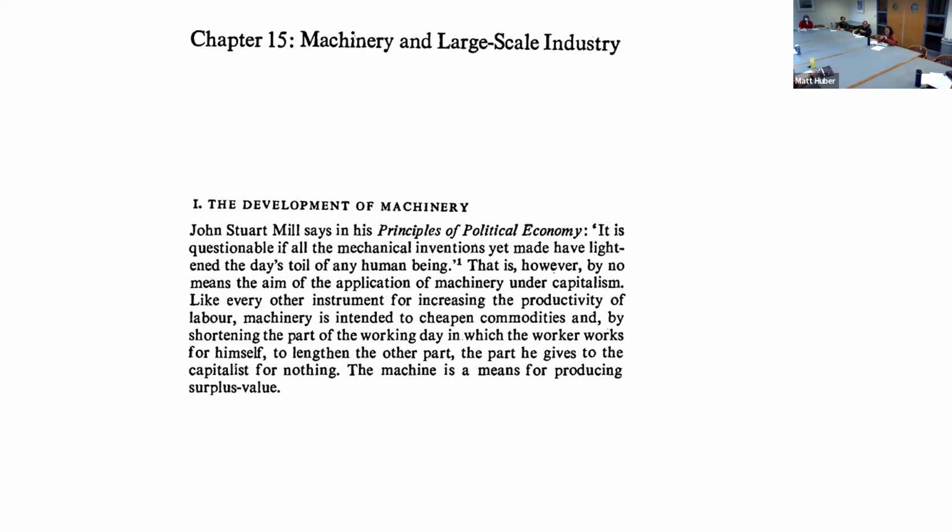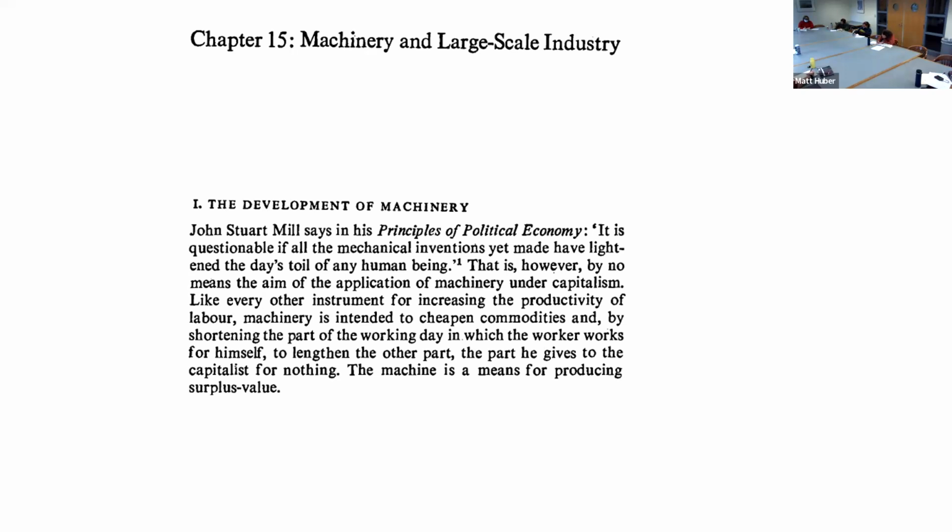I think buried in this chapter, he also brings up what he calls the intensification of labor, which is basically, regardless of how you divide the labor or get it to cooperate, you can just get the workers to work faster in a shorter period of time. And intensification, as we'll hear, is what workers in the real world often call speed up, this push to speed up your productivity.